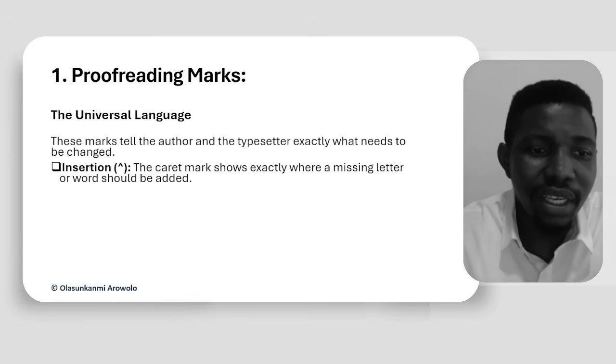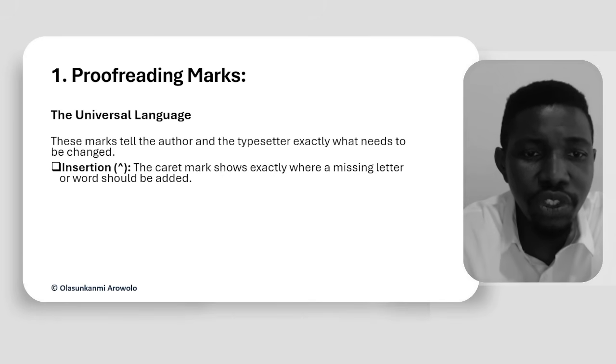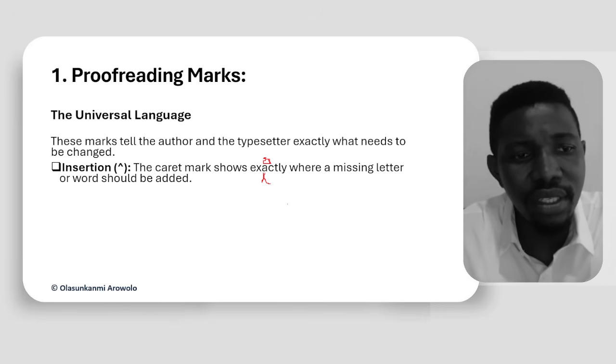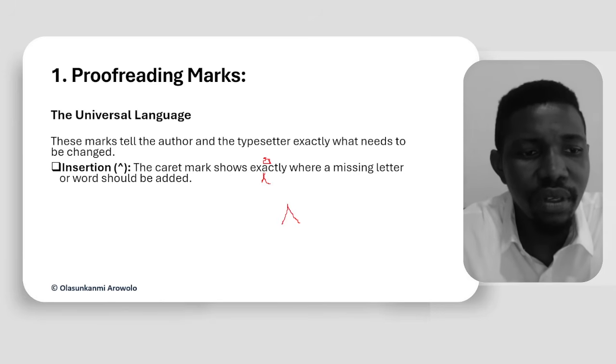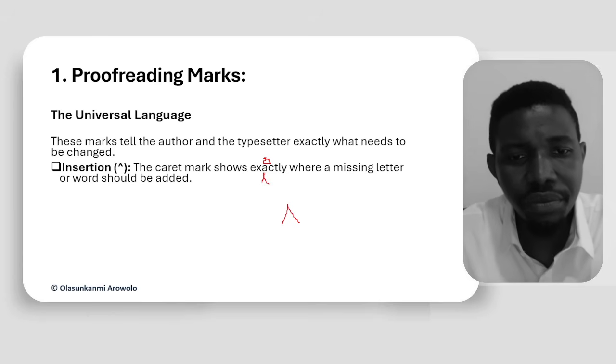For instance, if I were to make a correction to add a word in between these two, or let's say we want to change this letter, the A in this word, I can just mark it like this and then you write the replacement letter at the top of it. You understand? Using this sign, the sign of insertion. I hope that helps you.